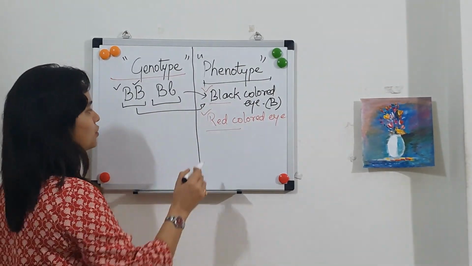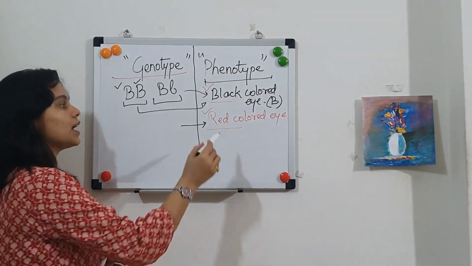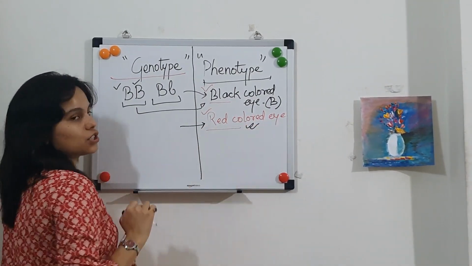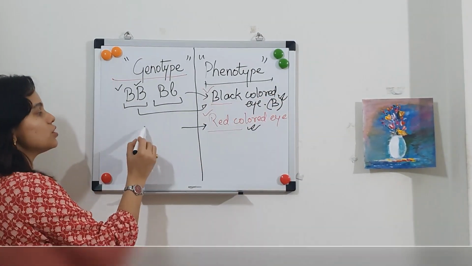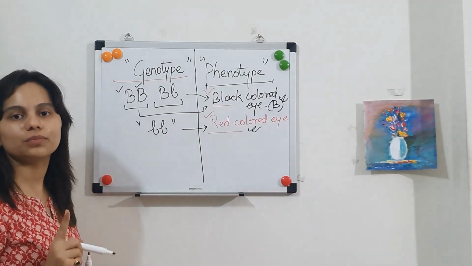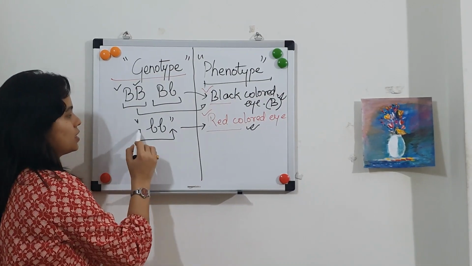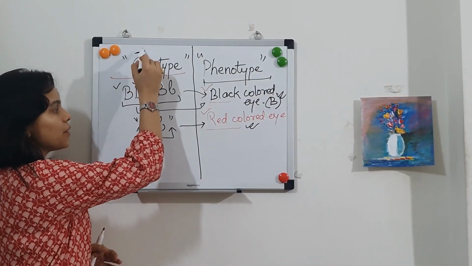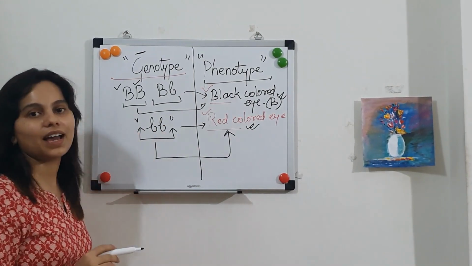But if the appearance is red, we know that this is the recessive condition because the other one is dominant, so in this condition the genotype is only and only going to be small b, small b.